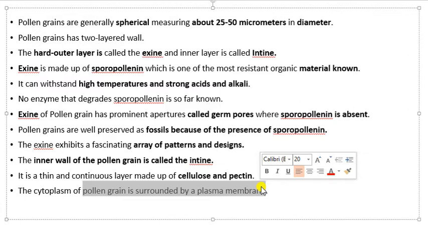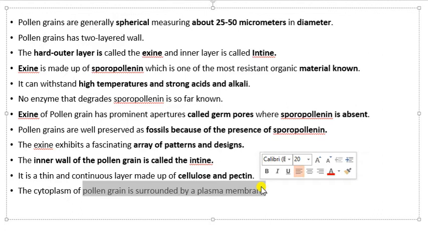Pollen grains are spherical in nature. They have a two-layered wall. The outer layer is exine and the inner layer is intine. Exine is made up of sporopollenin. Sporopollenin is one of the most resistant organic materials. It cannot be degraded by enzymes, high temperature, acids or alkali. Sporopollenin is secreted by the tapetum.